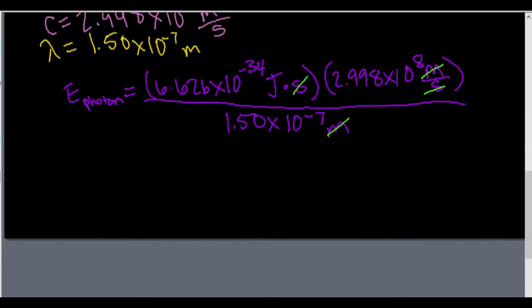So, since each atom emits one photon, this is going to be interchangeable. So that can also be seen as energy per atom, right? Because it's a 1-to-1 ratio.